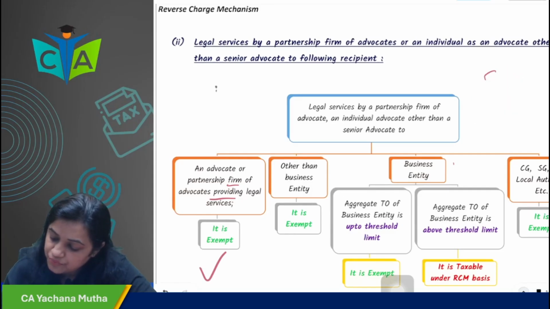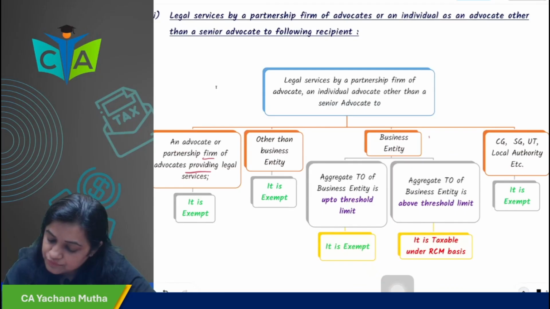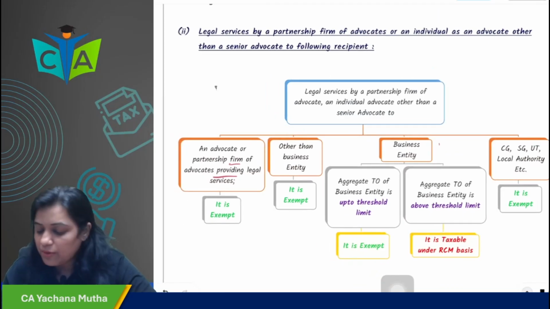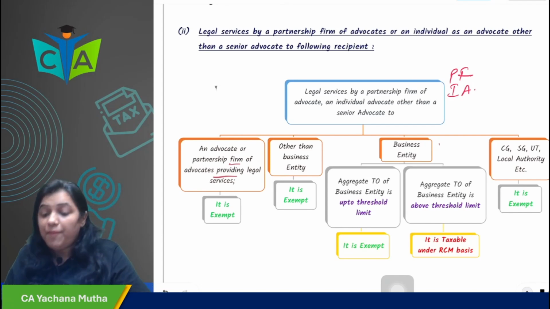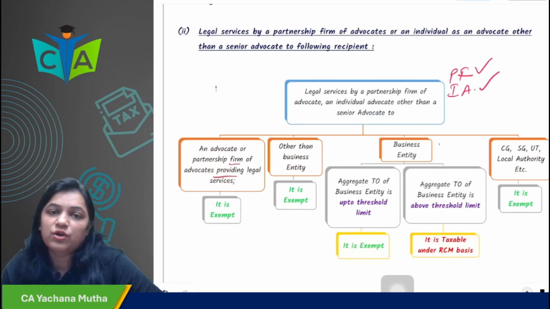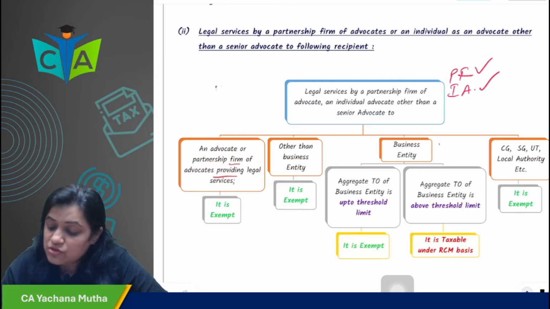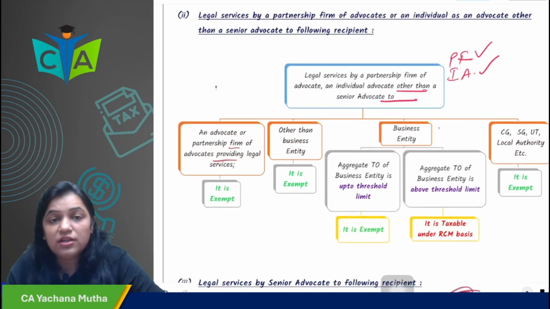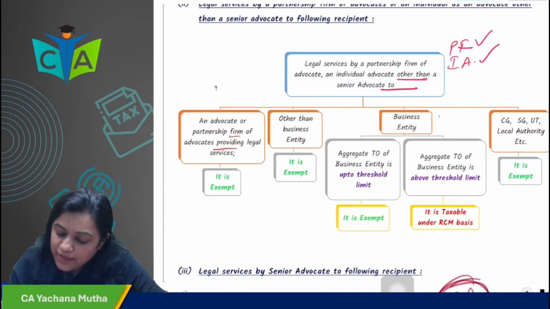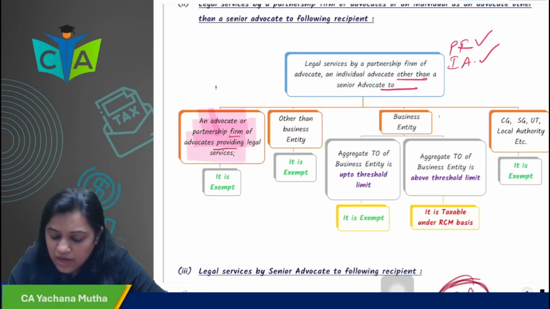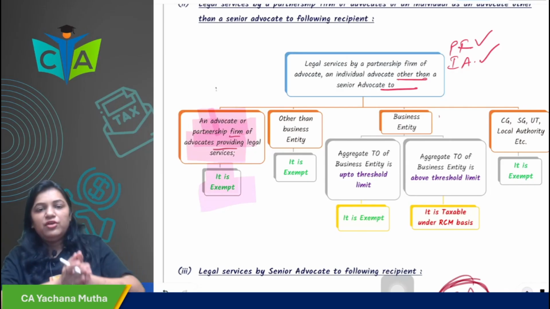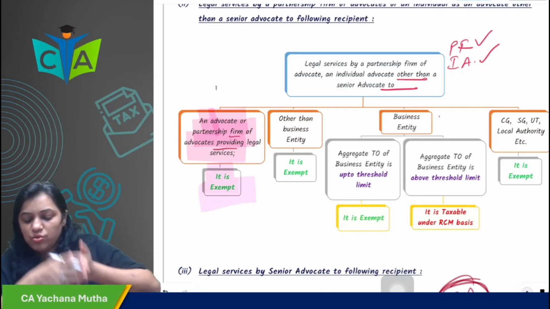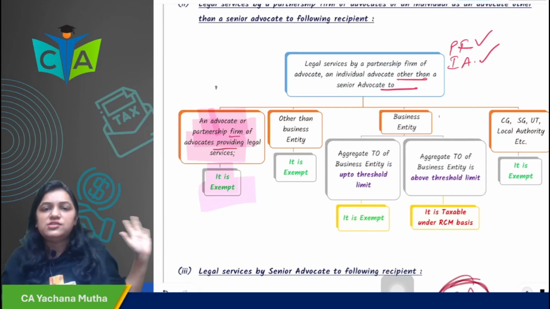So, what is it? First we'll talk about legal services. If you are a partnership firm of advocates or an individual advocate other than a senior advocate, and you are providing services to an advocate or partnership firm of advocates, in that case GST is exempt.